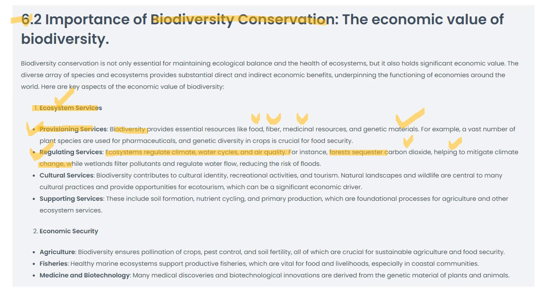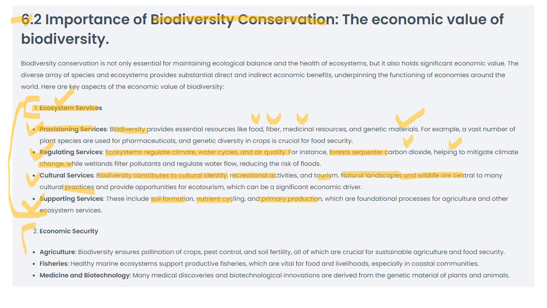They have the cultural services. Biodiversity contributes to the cultural identity also. Recreational activities, tourism, and natural landscape and wildlife are central to many cultural practices. Supporting services include soil formation, nutrient cycles, and primary production. So these are the economic services provided by biodiversity.